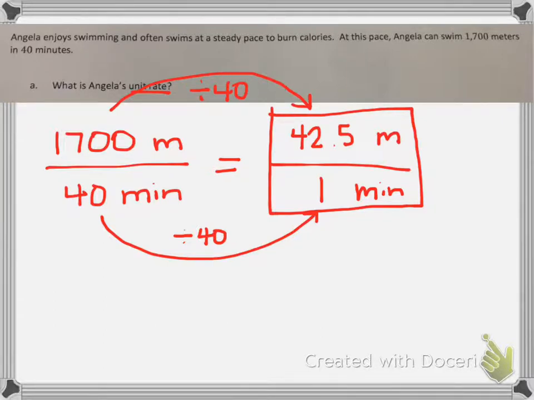The use of unit rates allows us to compare different rates to see which person is driving the fastest, what car gets the best gas mileage, what's the best value when you're buying a grocery item or shopping for clothes, etc. So the unit rate allows us to compare different rates so that we can order them in whatever way that we want.